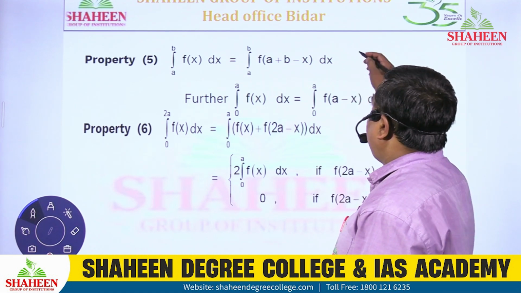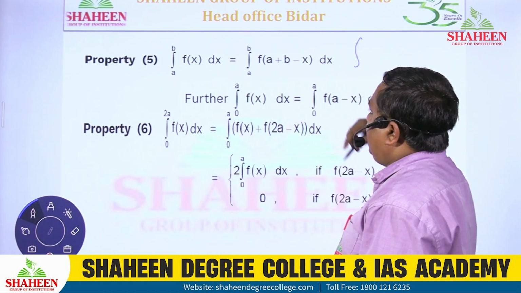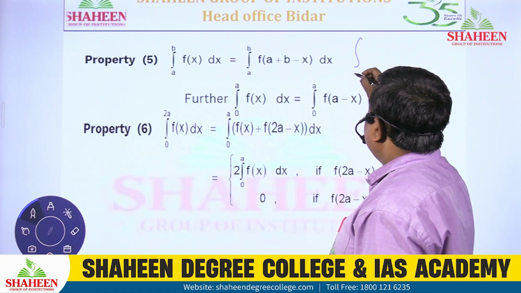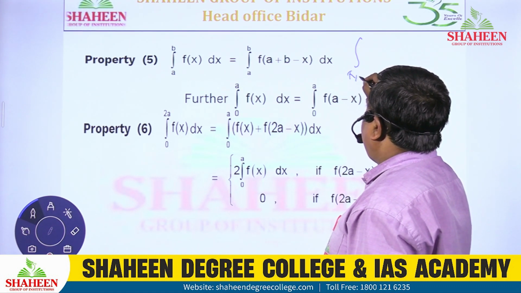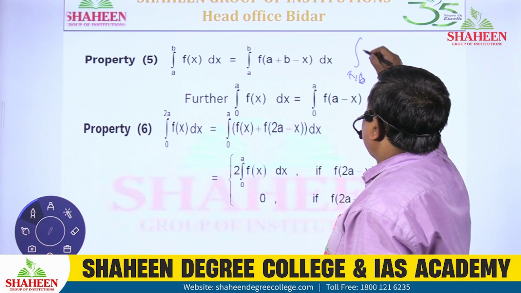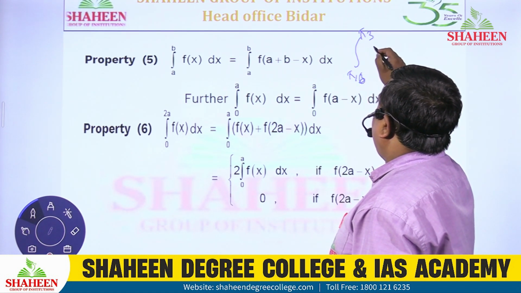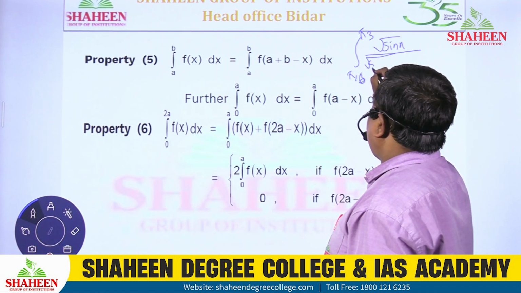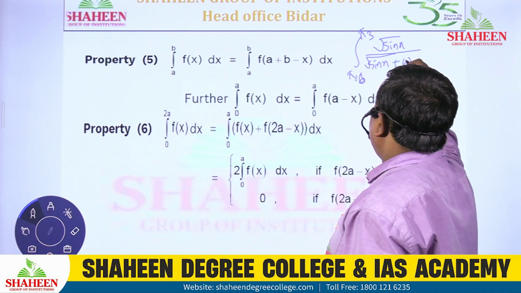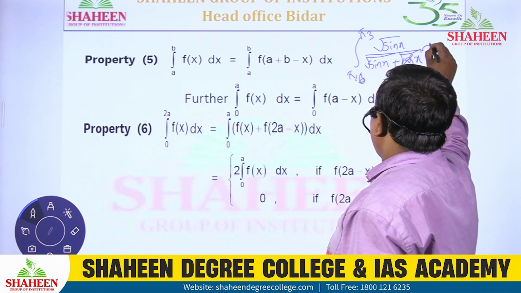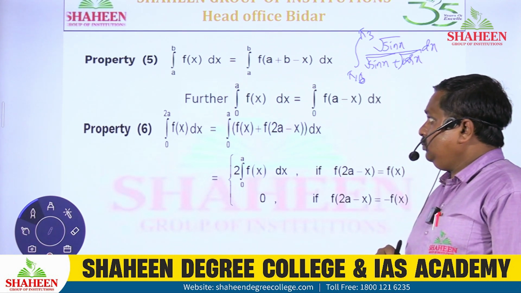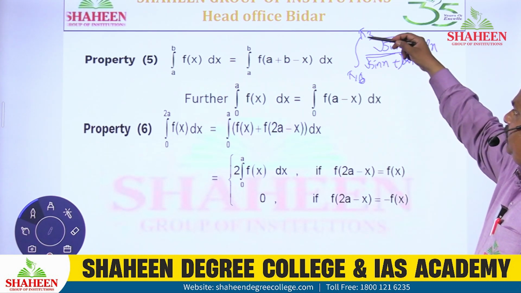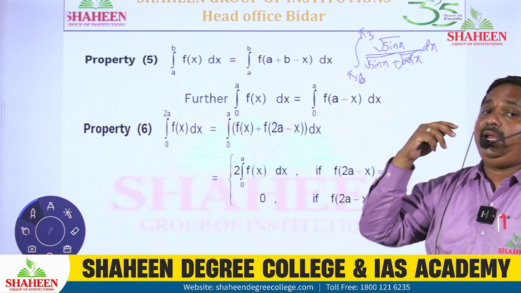For example, we have the limit pi by 6 to pi by 3 of root sin x divided by root sin x plus root cos x dx. Here the sum of these two angles, pi by 6 and pi by 3, becomes 90 degrees, pi by 2.